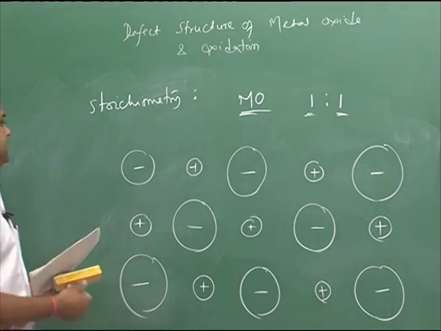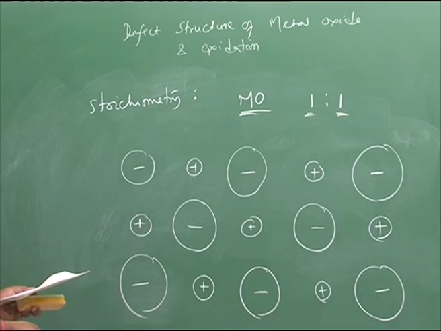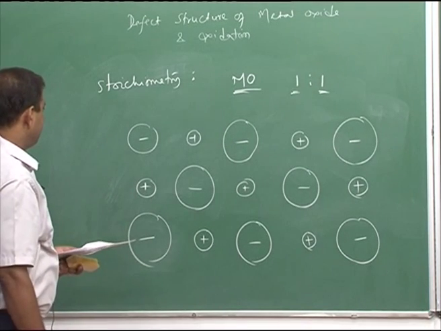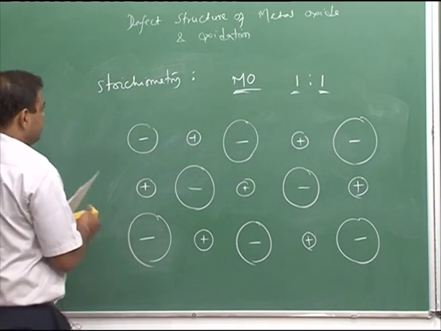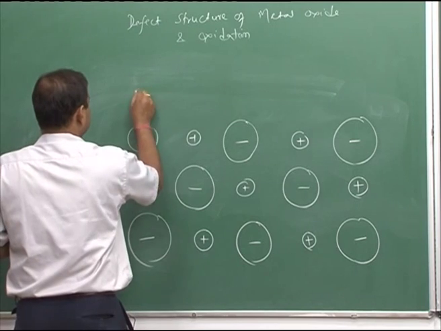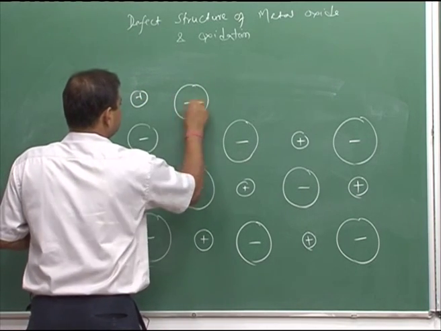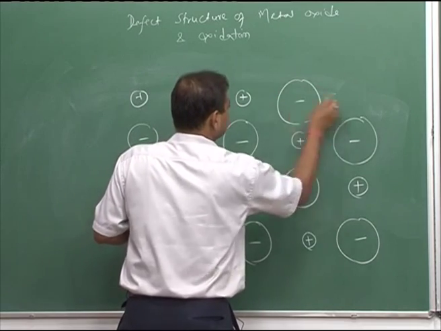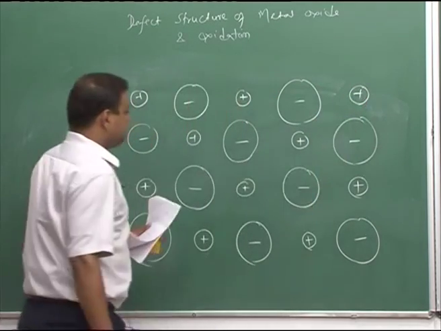Let us say this is a simplistic form of that oxide lattice. Let me extend it by one more layer, like this.